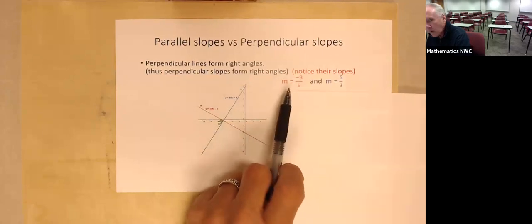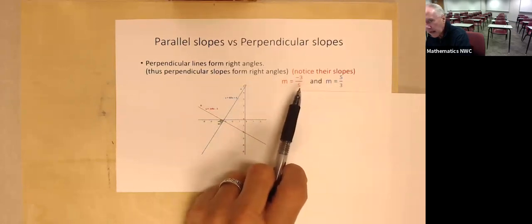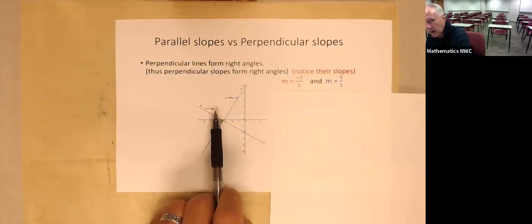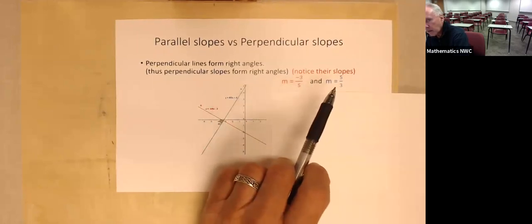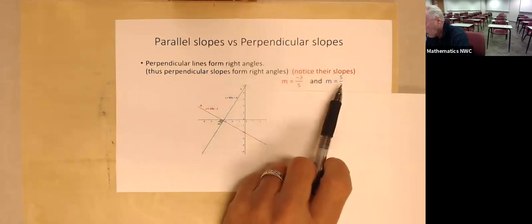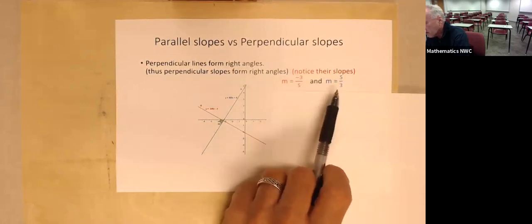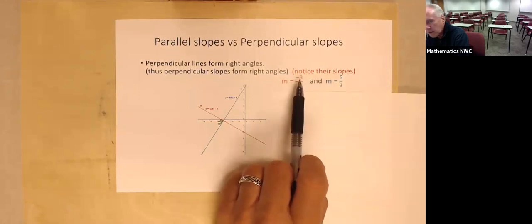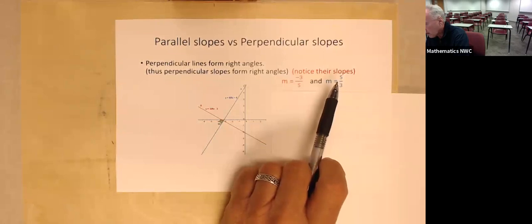The slope for the red line was a negative 3/5. That's actually what's right here. The slope for the blue line is 5/3. We have similar integers here, but we have one other change, and that is one slope is negative, the other slope is positive.